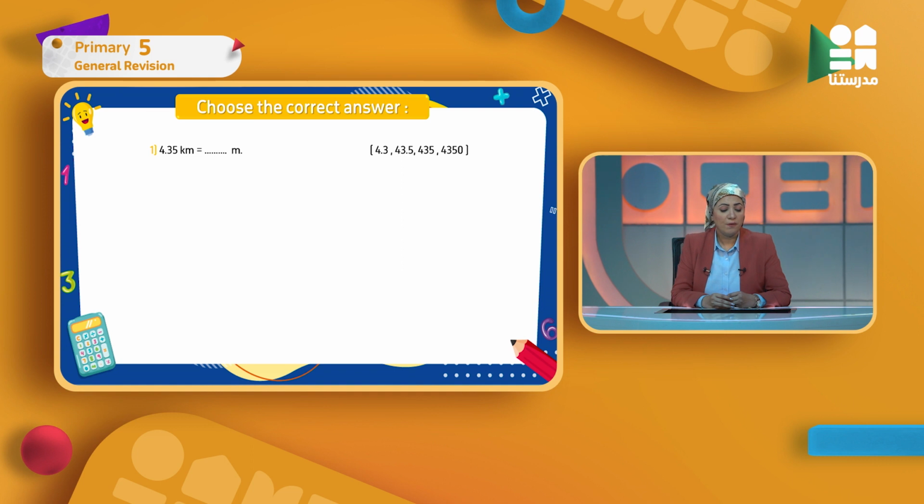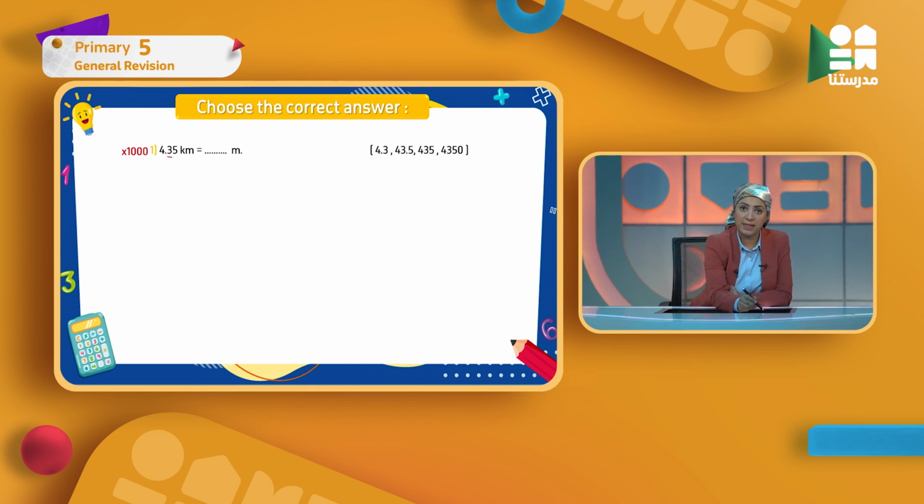So here, 4.35 times 1,000. This means that I am going to move the decimal point 3 places to the right, because it is multiply and I have 3 zeros, so I have to move my decimal point 3 places. Okay, so here I will move it.